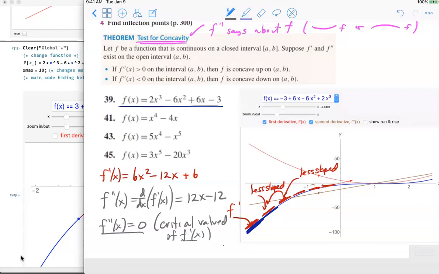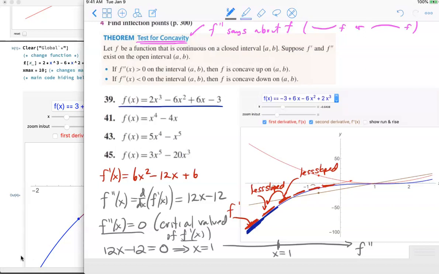Aka we're finding a critical value of the function f prime of x. We're taking the derivative of f prime and setting it equal to 0. And we can create a sign line there for f double prime. On that sign line, we're going to put a critical value of f prime, which is 12x minus 12 is equal to 0. And that happens at x is equal to 1.